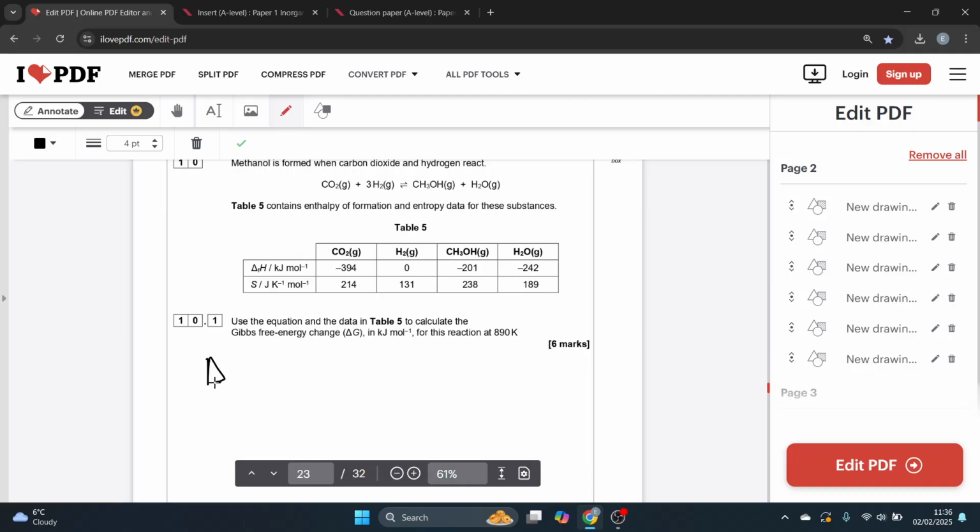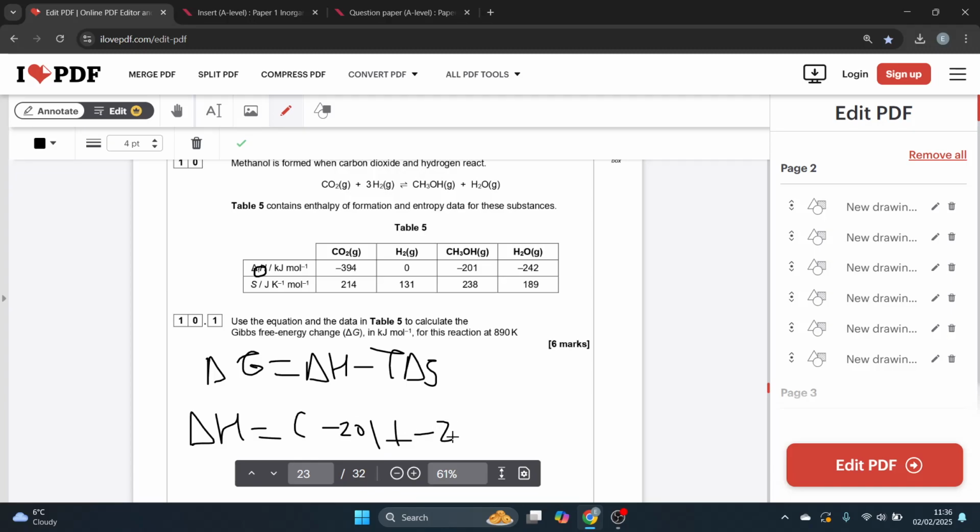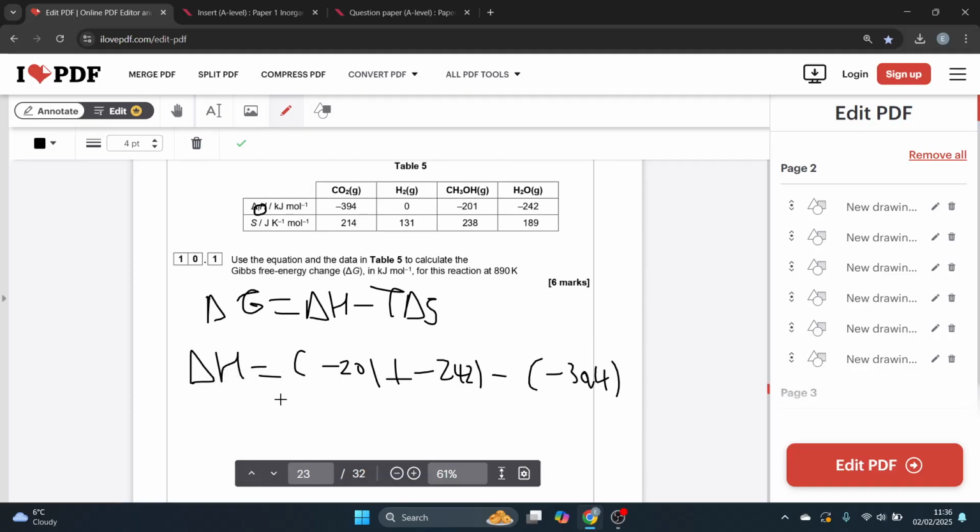Well, firstly, recall Gibbs free energy change: delta G is delta H minus T delta S. First thing I need to do is work out delta H. I'm working with formation data. You see that little f there? That means it's formation data. So enthalpy of products minus reactants: minus 201 plus minus 242, minus the reactants, minus 394, and 0 for hydrogen as it is an element by itself, so I don't need to include it.